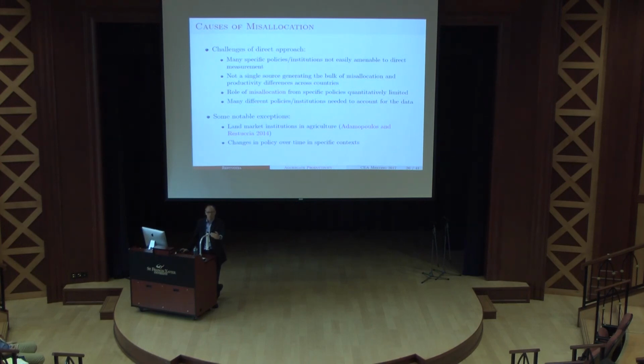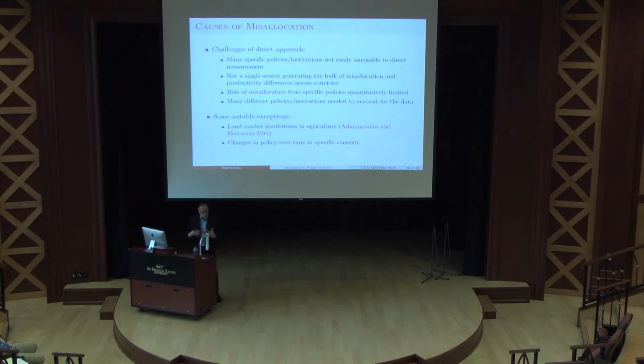One example would be a regulation that in principle should apply to all producers, but it's only enforced in the larger, more efficient producers. So it's really the effective wedges, not the law. And so that's why sometimes it's hard to really measure how these institutions or policies affect outcomes.